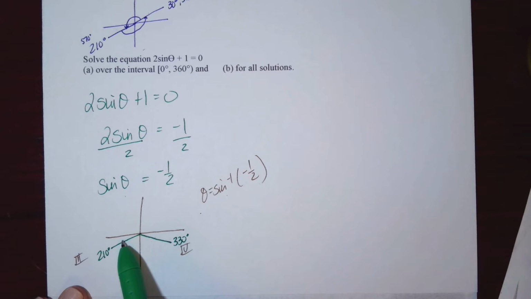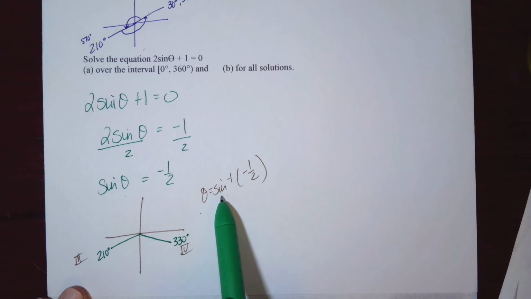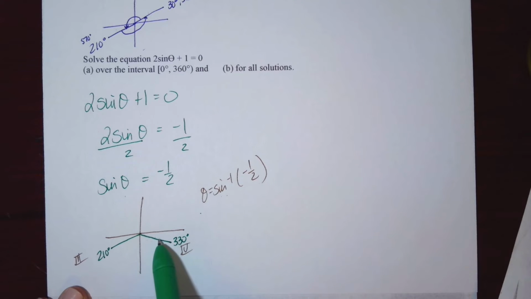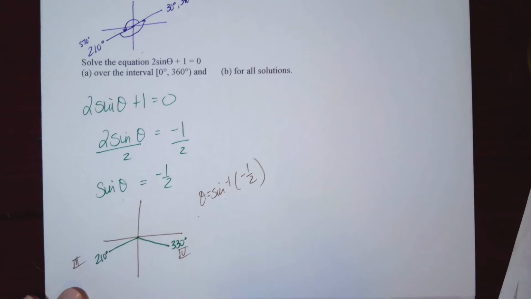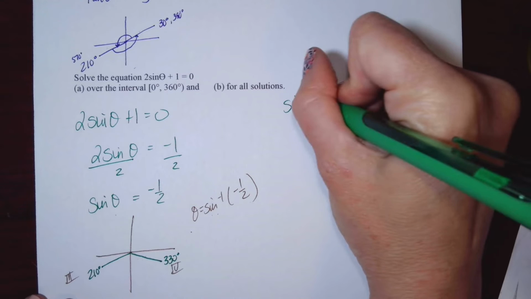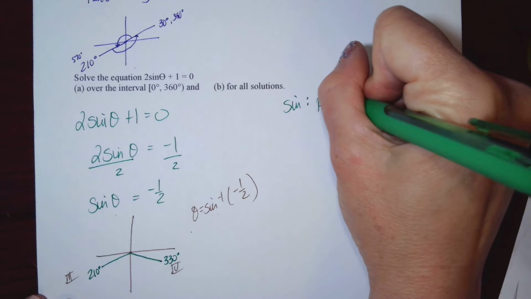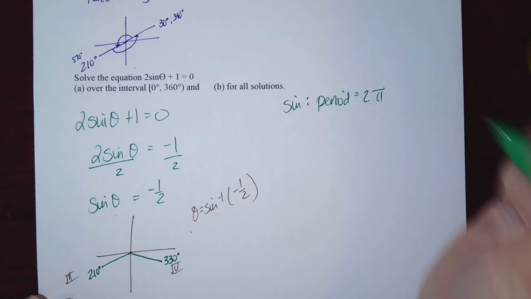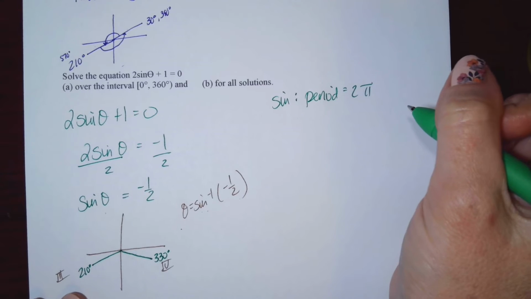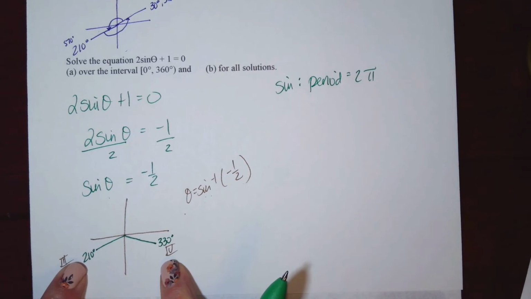That happens because I'm dealing with sine, not tangent or cotangent, and so to get from one angle to the next that has that same sine function value, I have to start here and add multiples of 360, or start here and add multiples of 360, because sine is periodic over 2 pi. So I have to have both of those as starting places.